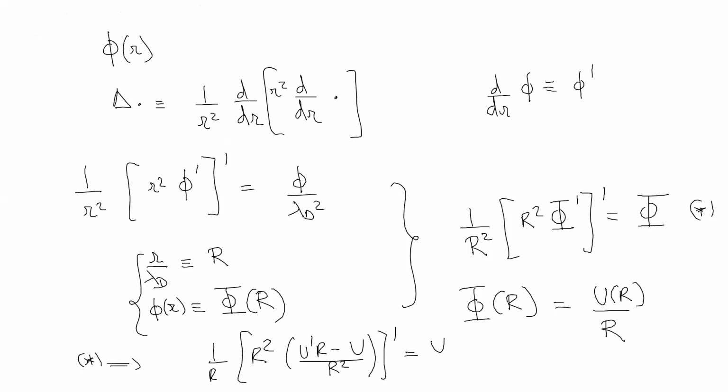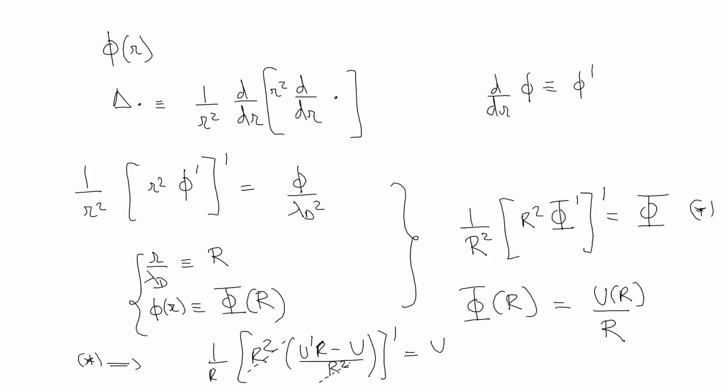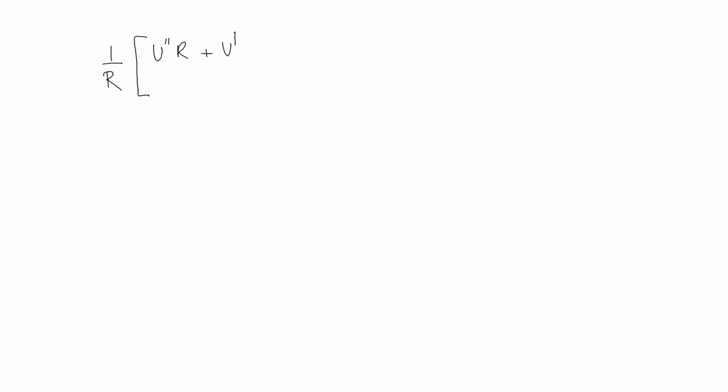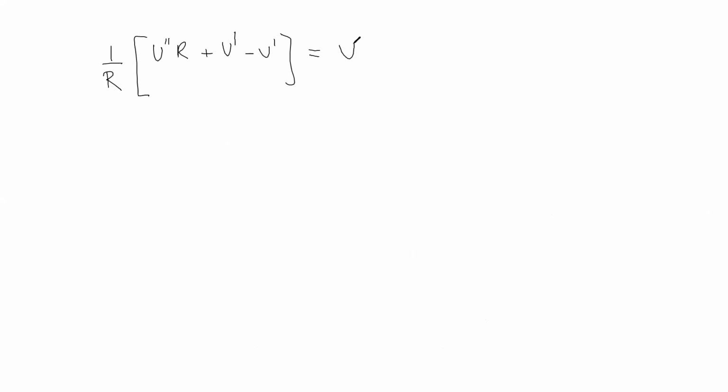Let me take another blackboard. So it's 1 over R times, let me simplify the first thing. You have the R squared that vanishes. So you have U prime R minus U, but derived once more. So it's U second R plus U prime for that term minus U prime, which should be equal to simply U. Okay.